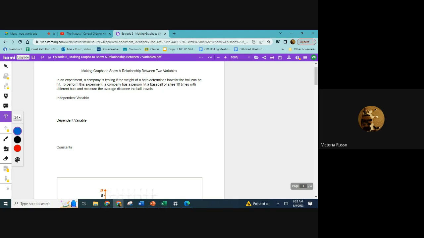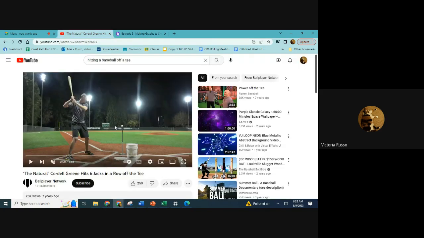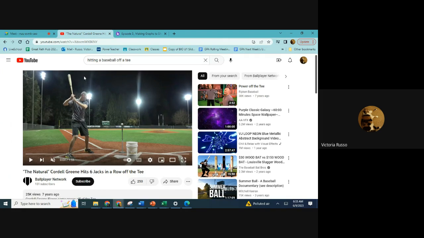Just in case you don't know what this looks like, this is a video of someone hitting a baseball off a tee. Here we have the ball, here we have the bat, and if we were actually doing this experiment, we would be using bats of different weights, and a person would hit the ball off the tee, and we would measure how far the ball will travel.